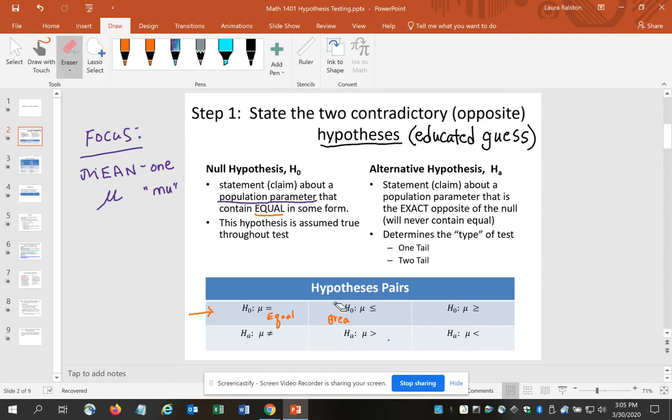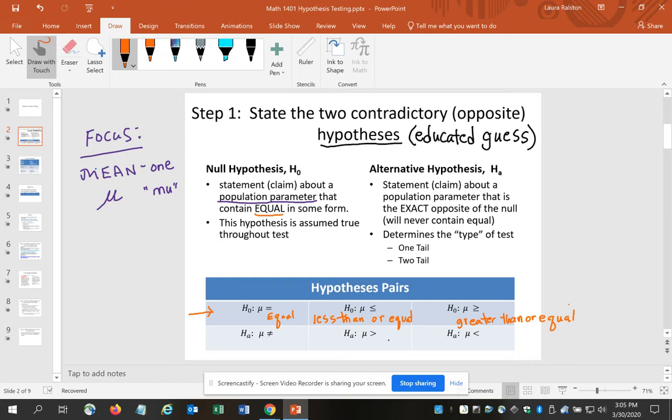Give me just a second. Okay, so it could be less than or equal. Or finally, it could be greater than or equal. And so those are the three options that you have in terms of stating your null hypothesis.